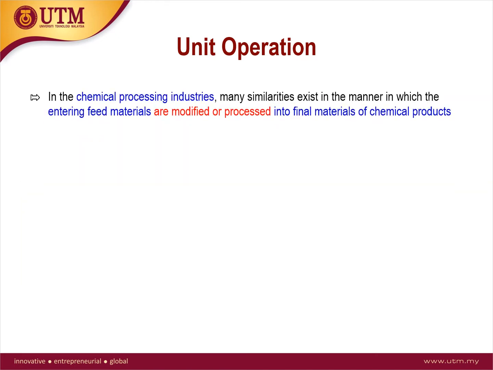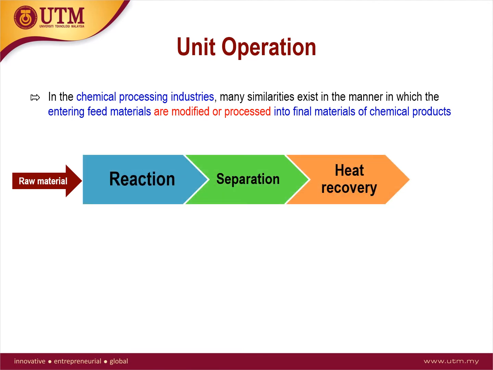In the chemical processing industries, many similarities exist in the manner in which the entering feed materials are modified or processed into final materials or chemical products. There are a series of unit operations involved, such as reaction, separation, and heat recovery.